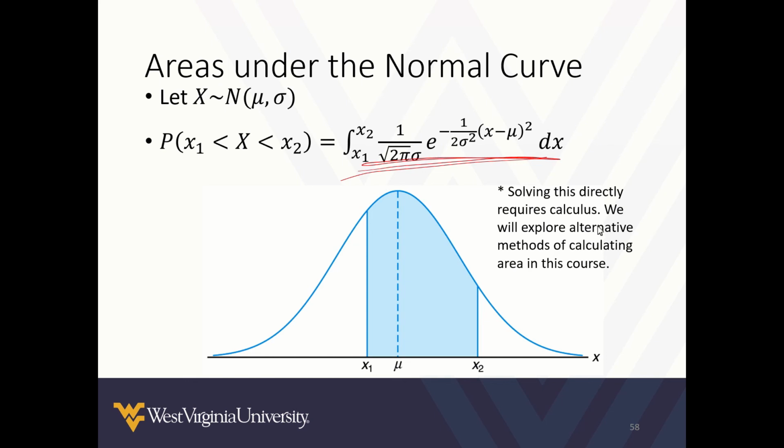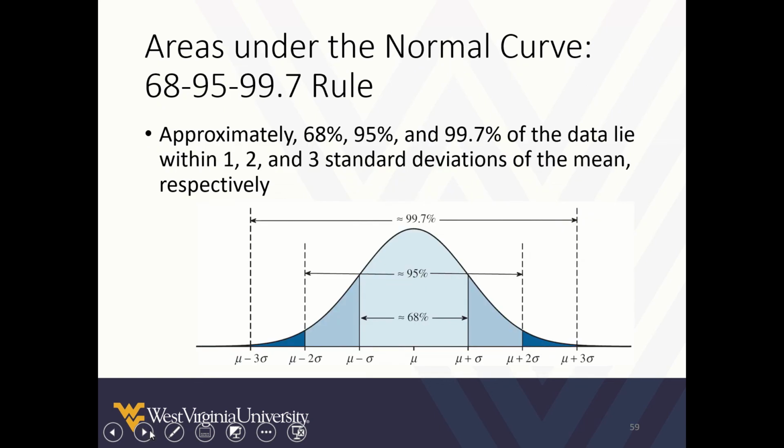This course is going to focus on alternative methods, particularly using z-score. But one of the most basic methods to find areas under the normal curve is by using the 68, 95, 99.7 rule. What this rule says is that approximately 68%, 95%, and 99.7% of data lies within 1, 2, and 3 standard deviations of the mean, respectively.